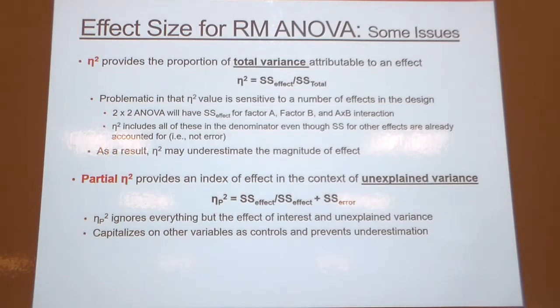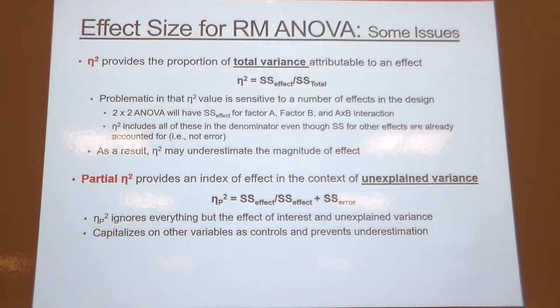If we were to calculate the partial eta squared that you found in your SPSS output, we take the sum of squares for our repeated measure over the sum of squares for the repeated measure plus the sum of squares error, and that's going to be our partial eta squared.